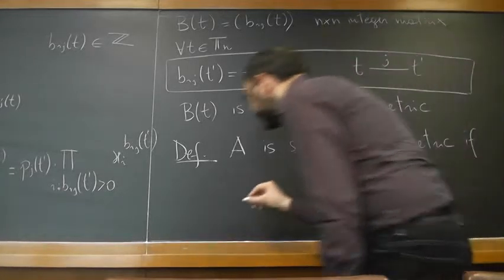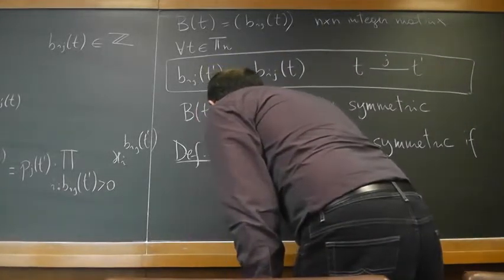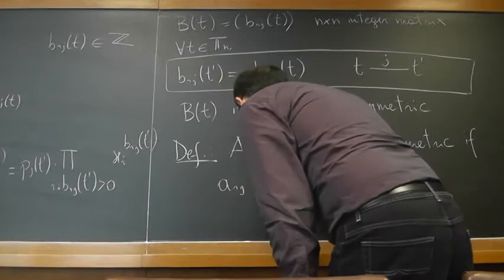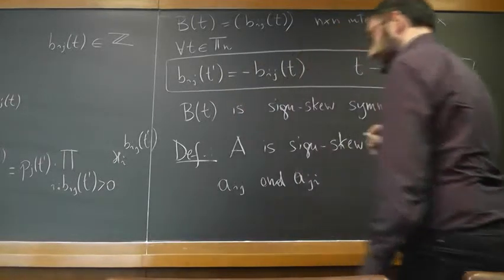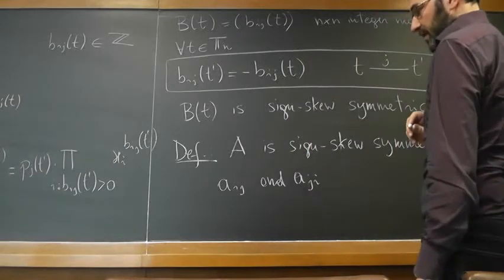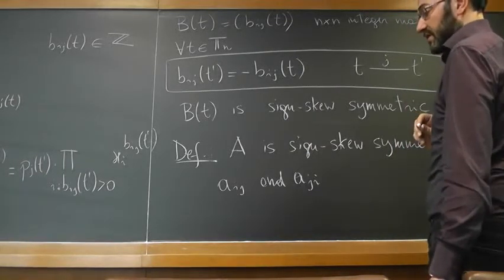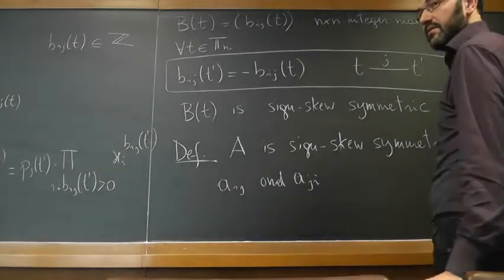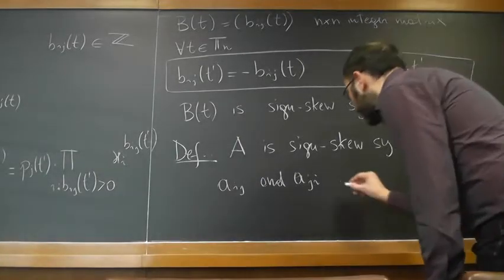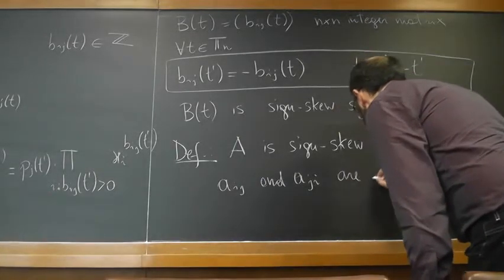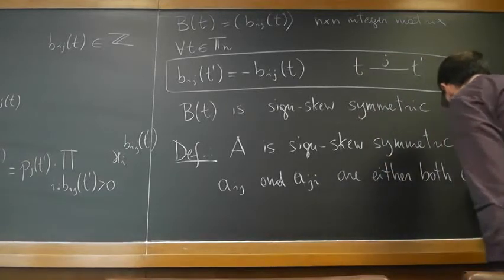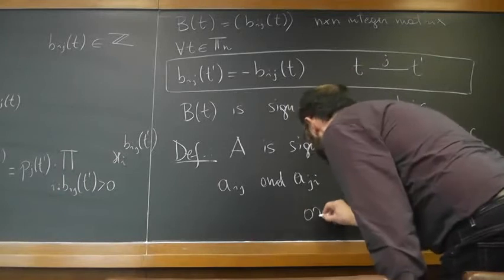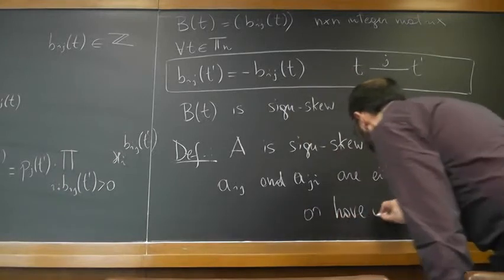if Aij and Aji have opposite sign, meaning that either they are both 0 or they have opposite sign.